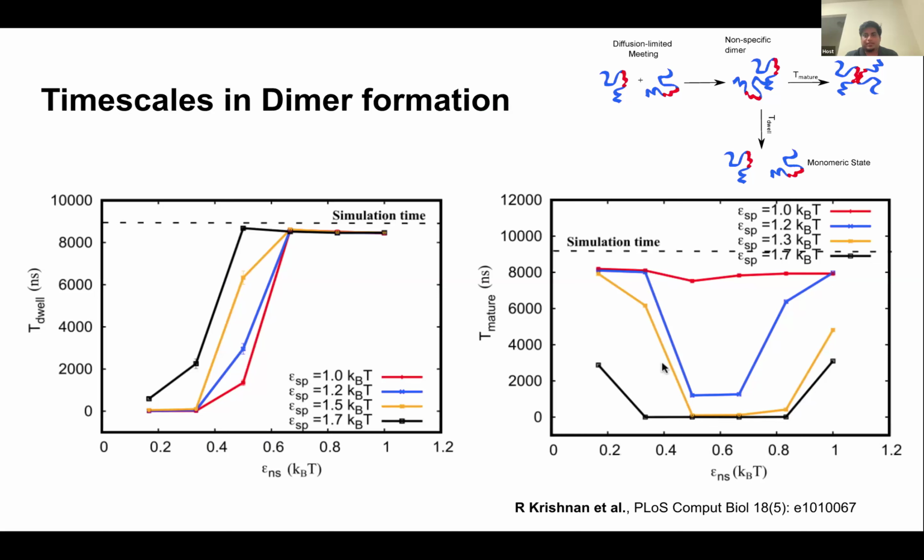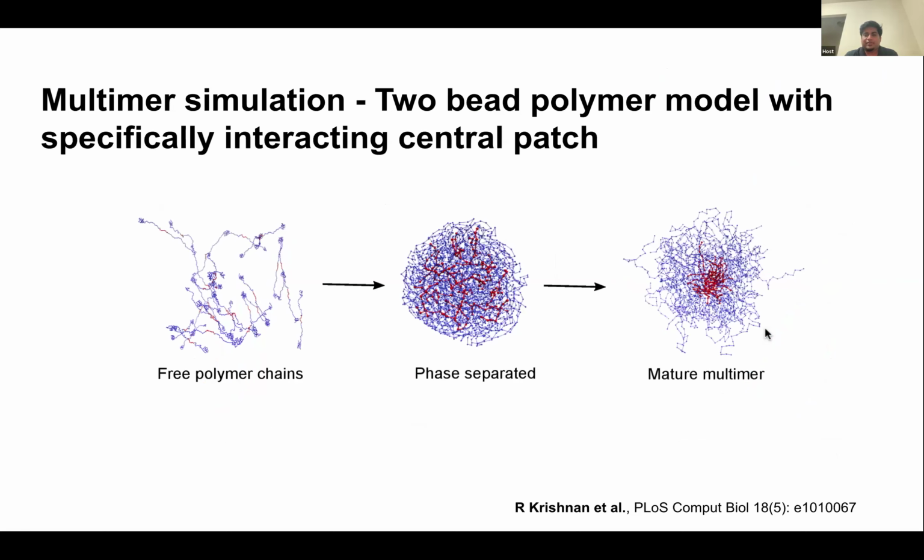So for 1.2 kT in blue interaction, it forms a nice energy well, where T mature is very high when there is low non-specific interaction, and T mature is very high again when there is high non-specific interaction, because they don't come nearby, they come and they aggregate, and they stay in that non-specific dimer state itself. So we fixed the epsilon sp, the specific interaction, and we varied the non-specific interaction.